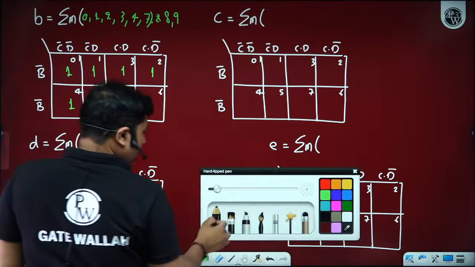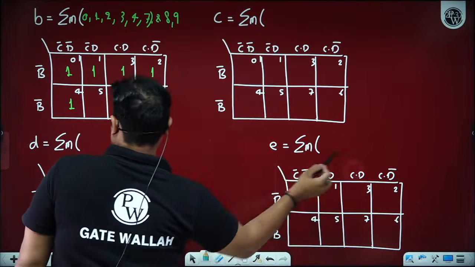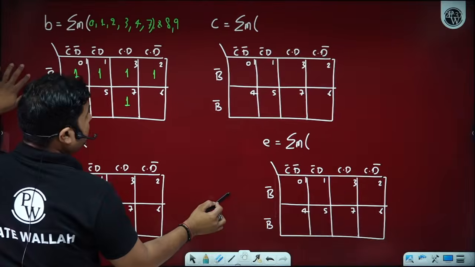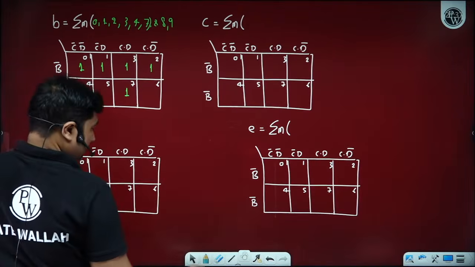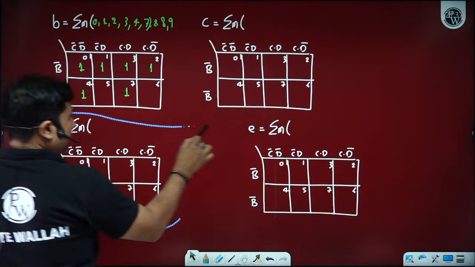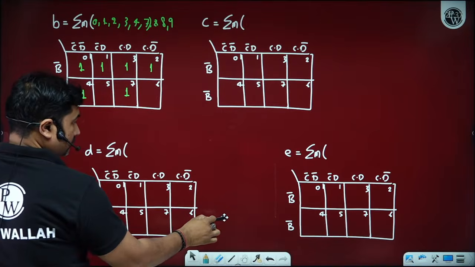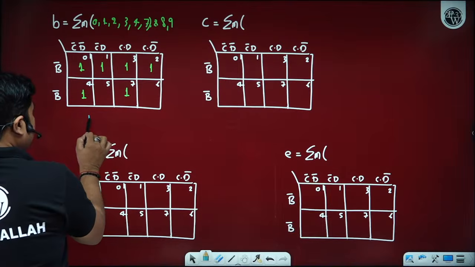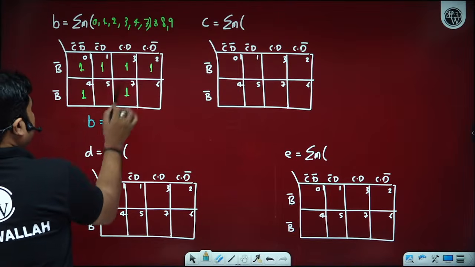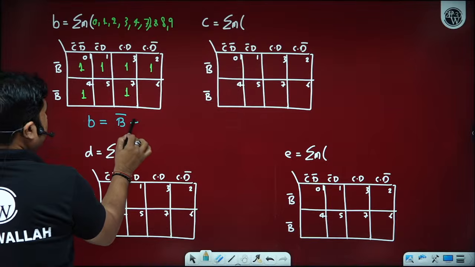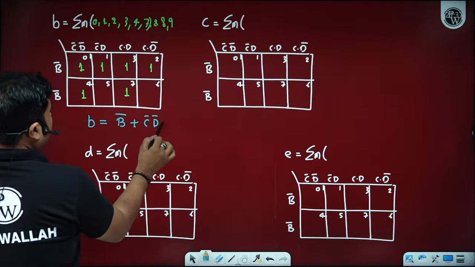So the logical expression for B is, we all can see, B bar plus C bar D bar plus CD.